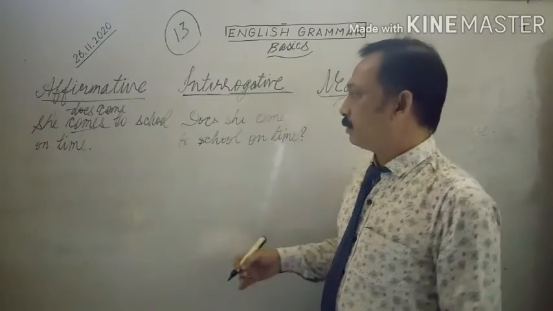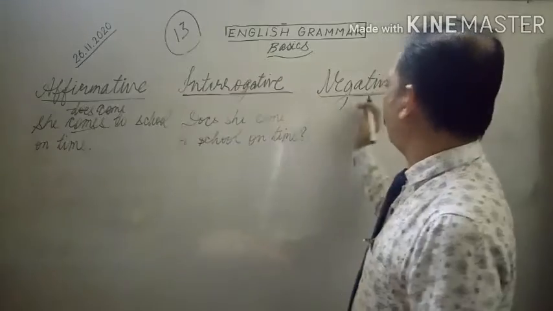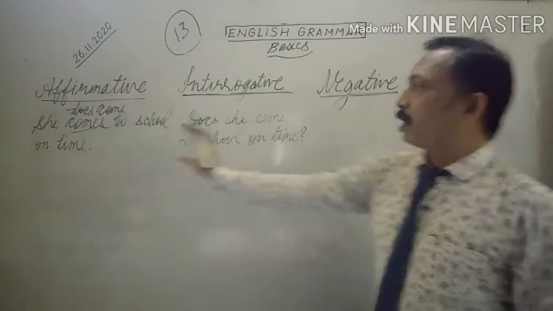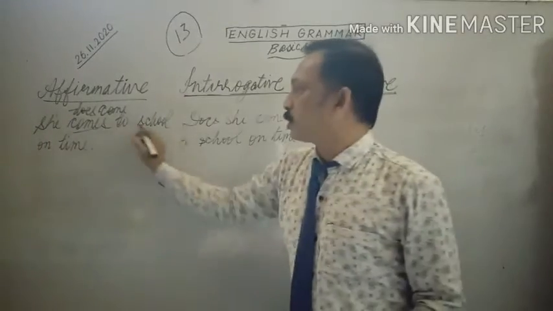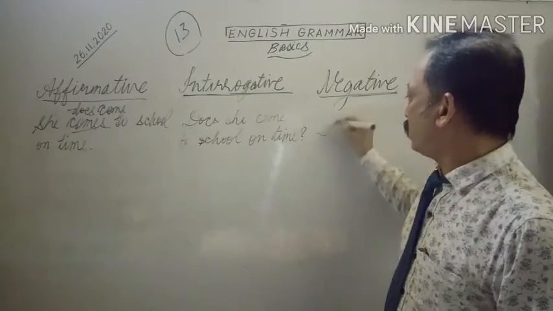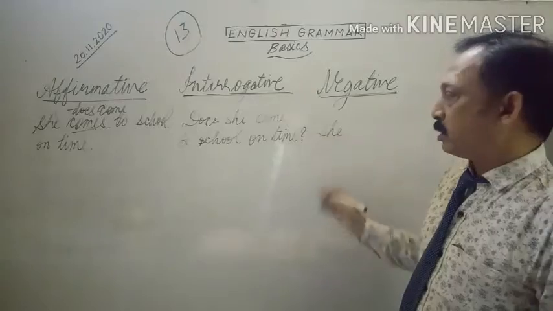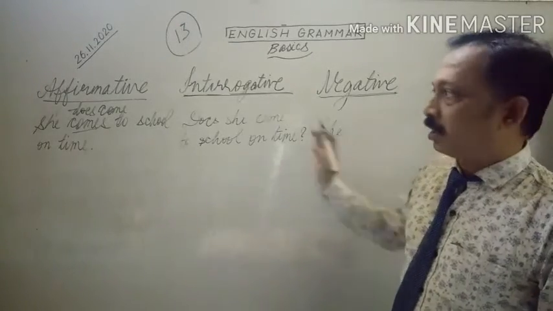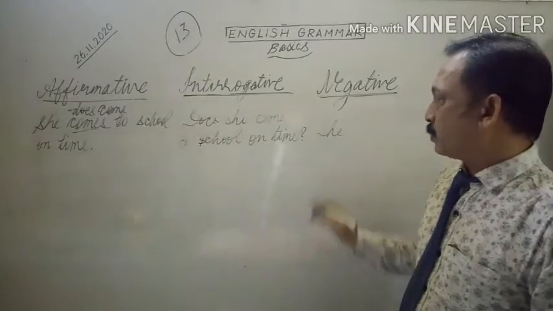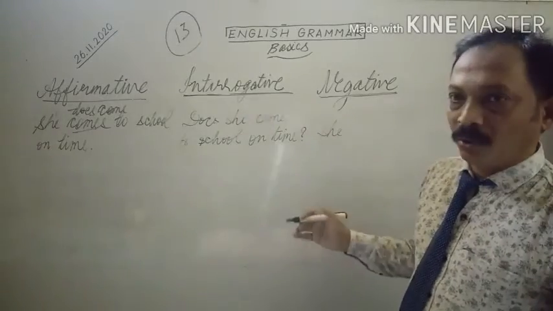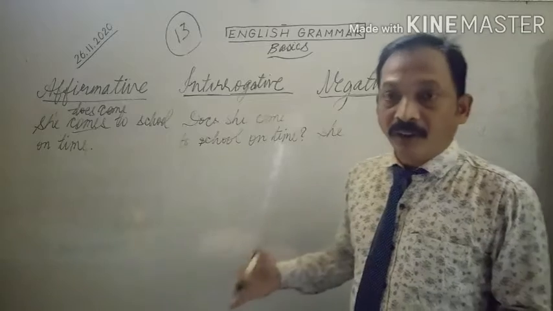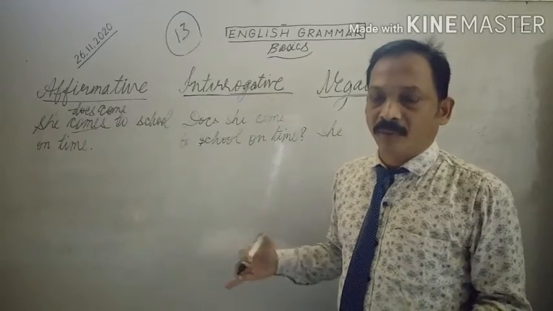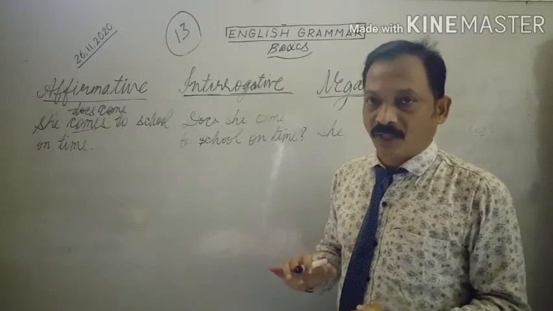Take another sentence. Let's go to the negative sentence. Consider the affirmative sentence, she comes to school. There is no change in the subject-verb pattern, subject first and verb next, as in the affirmative sentence. She comes. Don't directly add not to comes, like she not comes, or she not come. It is wrong.